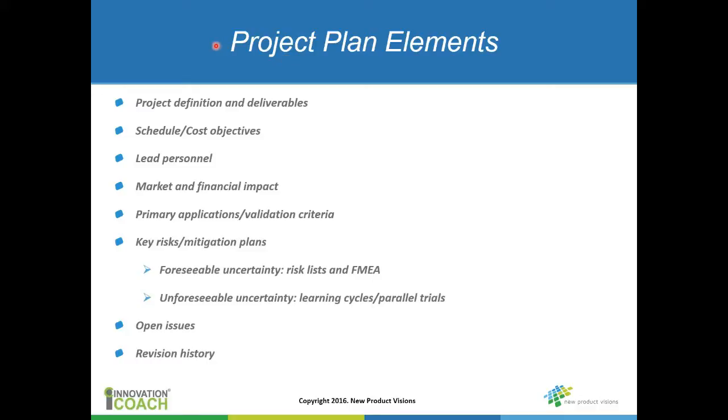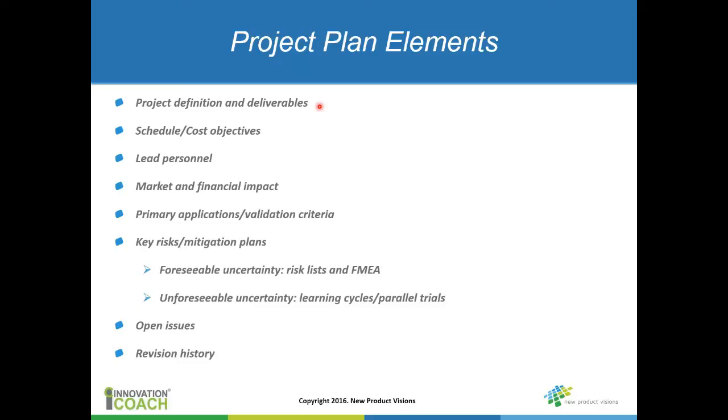This is really about building understanding within the project team and within the business. So again, the project plan is going to have multiple different sections. Obviously, there's going to be a project definition and definition of high-level deliverables. Your phase gate will have high-level deliverables, but they may get changed, added to, subtracted from, so to speak.